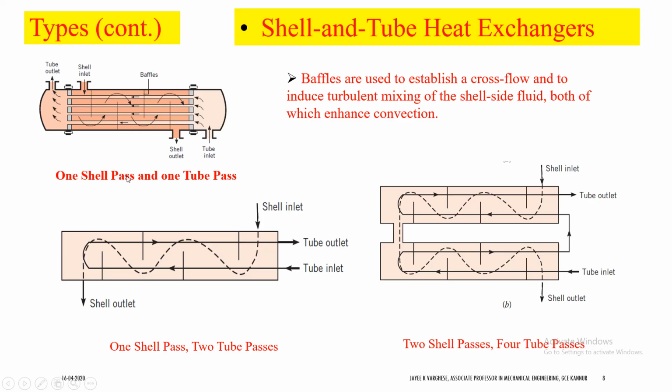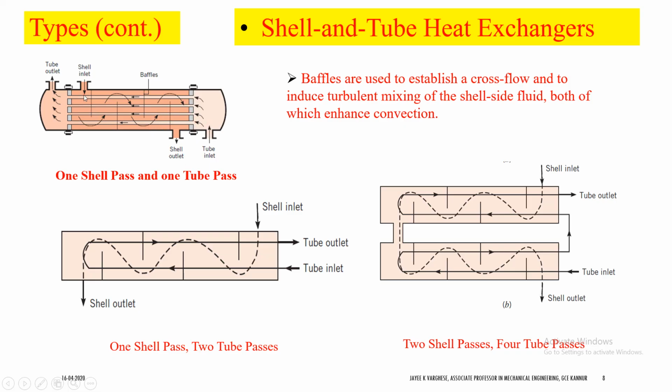So based on the number of passes of the shell flow as well as the tube flow, we can call it one shell pass and one tube pass, or one shell pass and two tube pass, like this. So this figure shows one shell pass. Typically shell fluid enters at the left end, flows to the right side and leaves at the right end.